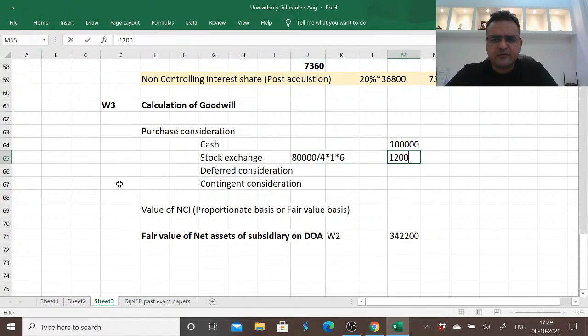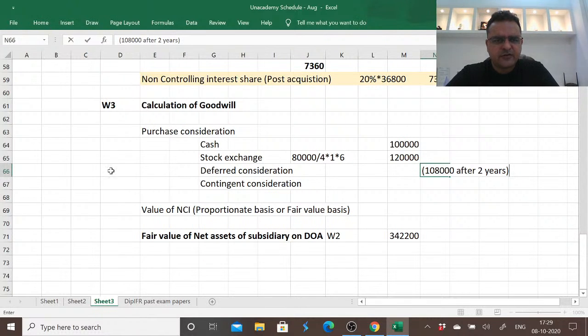So 1,20,000 due to stock exchange. Deferred consideration: will pay 108,000 after 2 years.